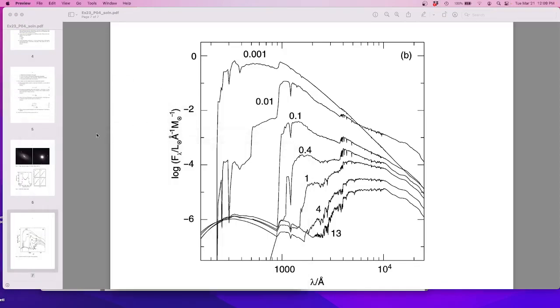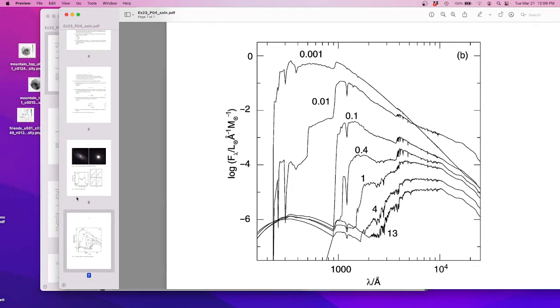Here's the plot, and here are my questions. I can't get to the corner. I made it too big.